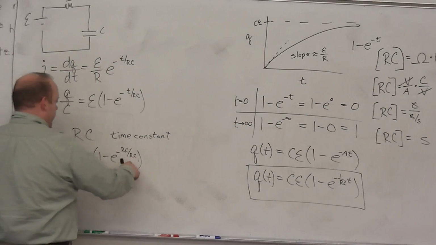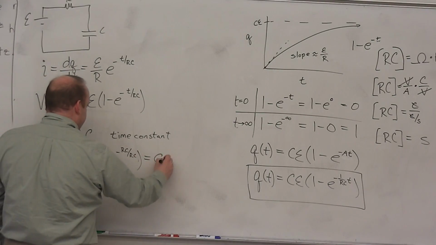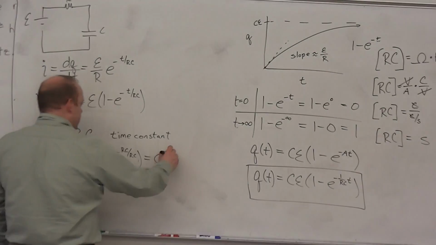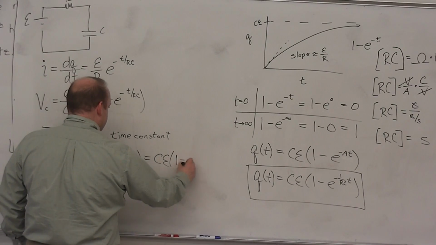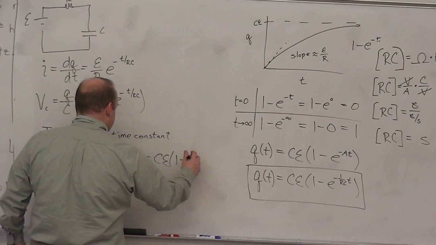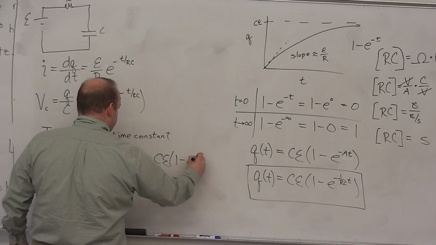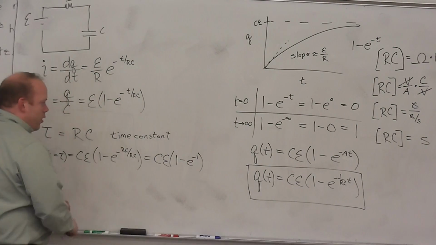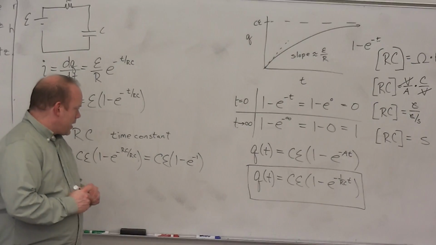Okay, so now I have CE times 1 minus e to the negative 1, and I could call it 1 minus 1 over e.